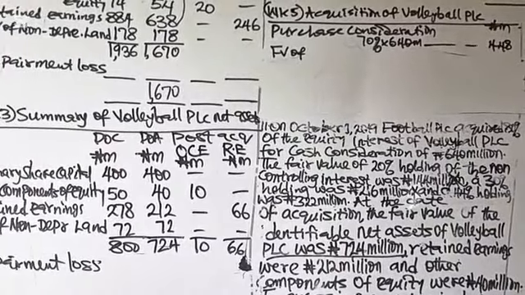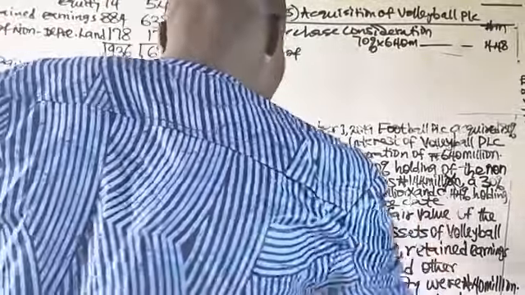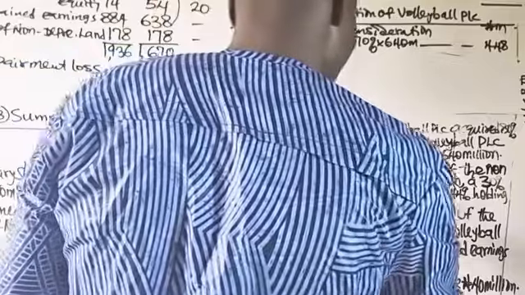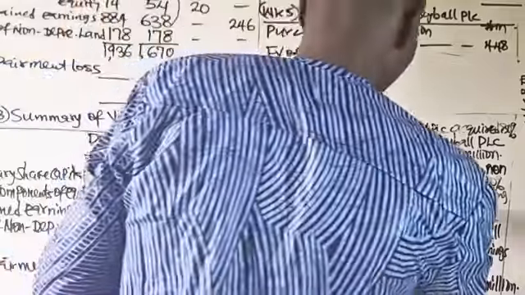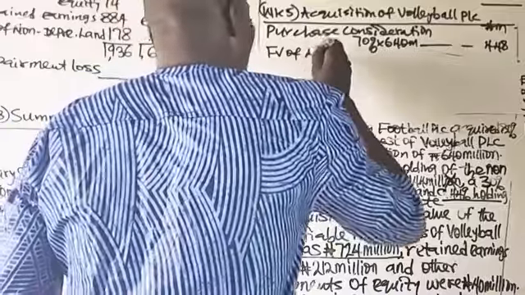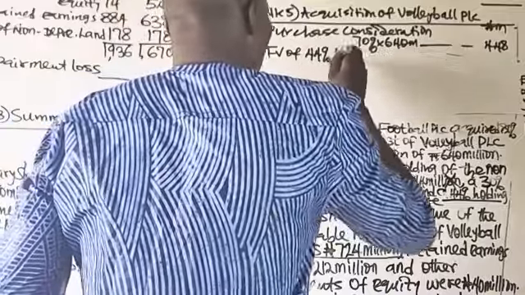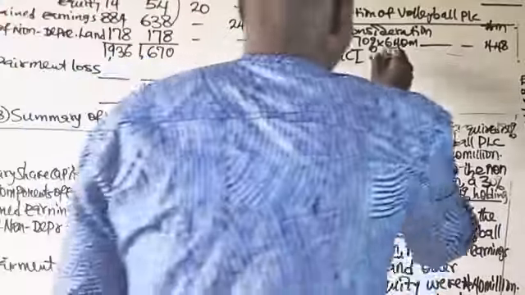So on the basis of that, let's read further. A 30% holding was 260 million and a 44% holding was 322 million. It is the fair value of 44% holding we need. So fair value of 44% non-controlling interest is given to be 322 million naira.